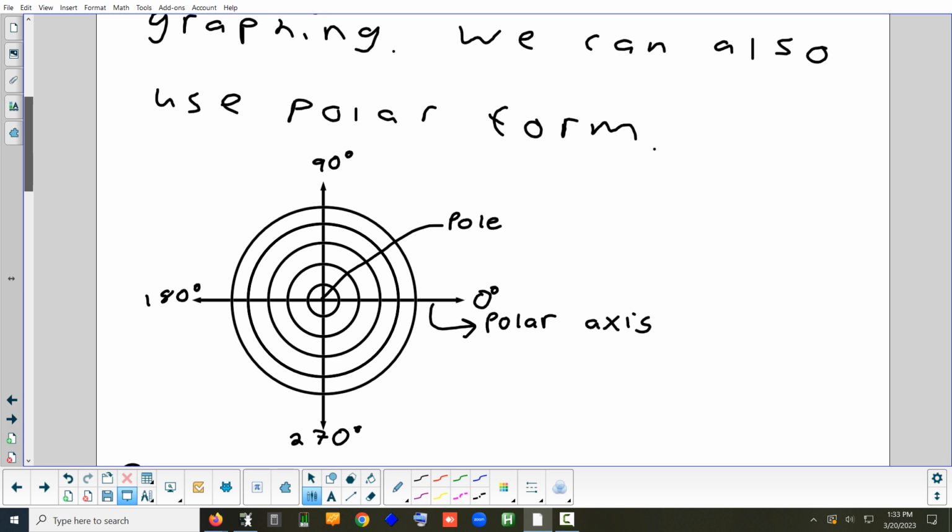That's an XY axis point. The idea with this is you're going to move out a certain distance from the origin, and then you're going to rotate a certain number of degrees. Whether you're going to rotate clockwise or counterclockwise depends on whether your angle is positive or negative. We'll look at each case.